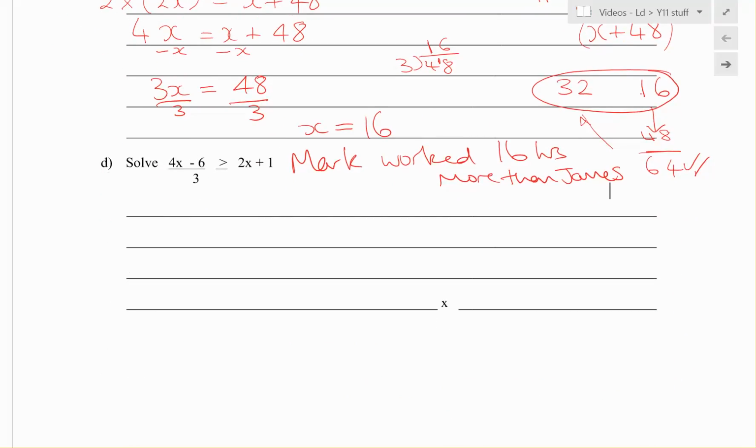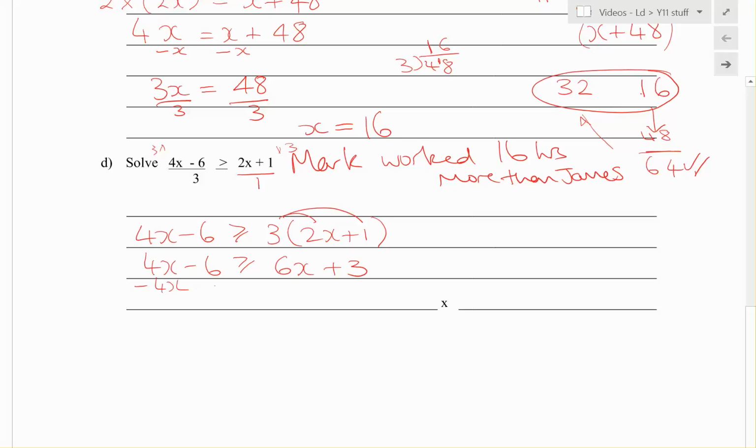Right, part D. I'm going to write that over 1, and I'm going to do some cross multiplying. So 4x minus 6, or simply multiplying by 3 both sides is actually what I'm doing. (6x plus 3), expanding carefully.